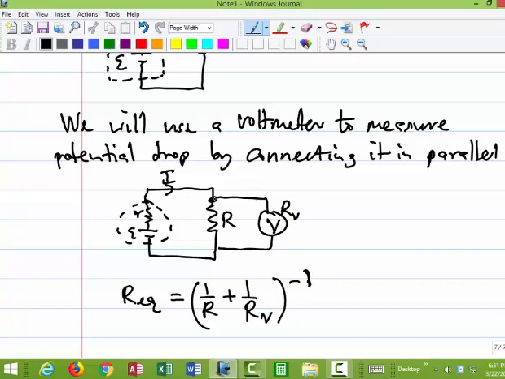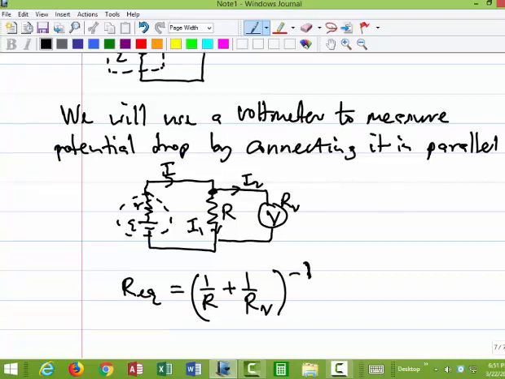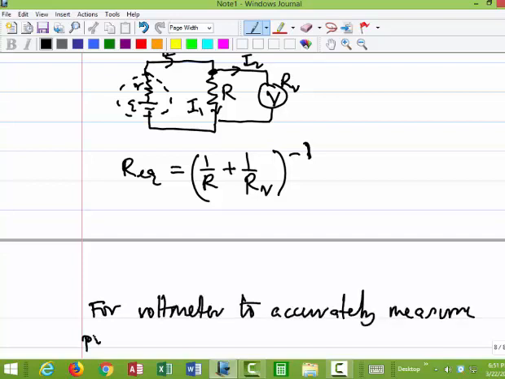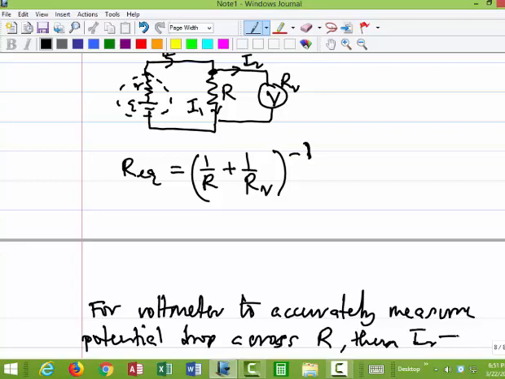So we have I going through, and there's going to be a current going through here. Let's call it I1 and the current I2. For this voltmeter to work correctly and to represent the actual potential drop, I2 has to be very small. So we shall say for the voltmeter to accurately measure potential drop, I2 must approach 0.